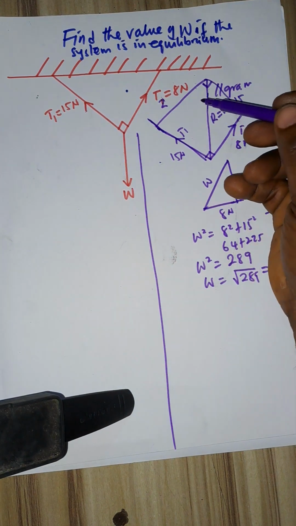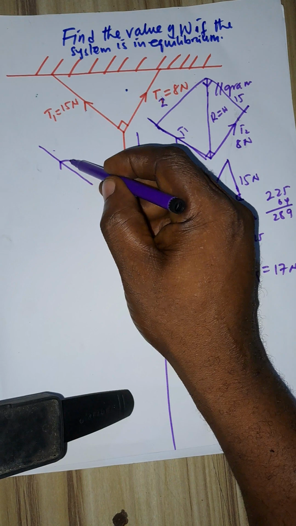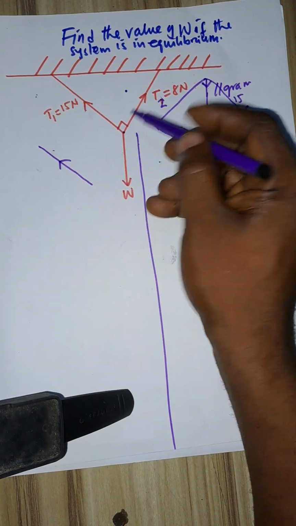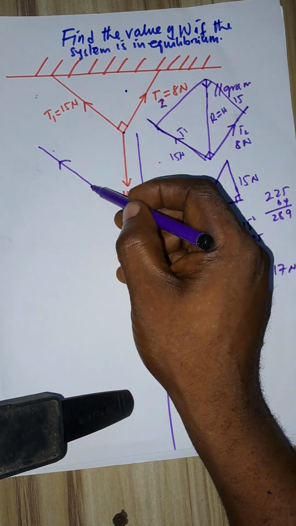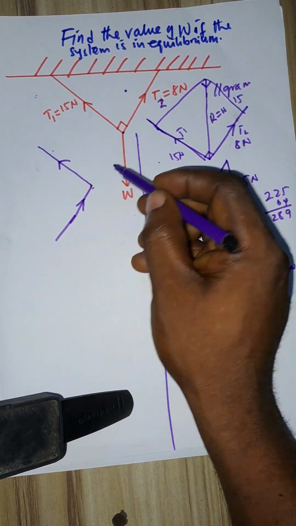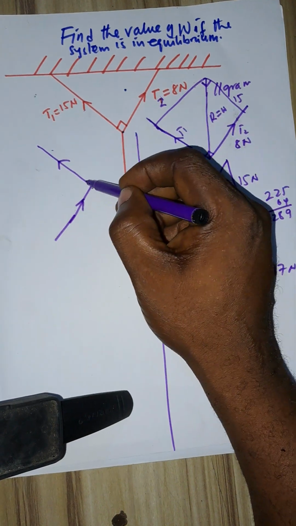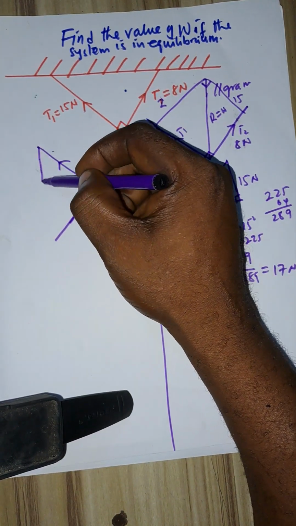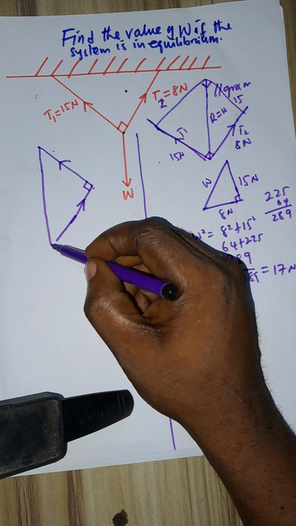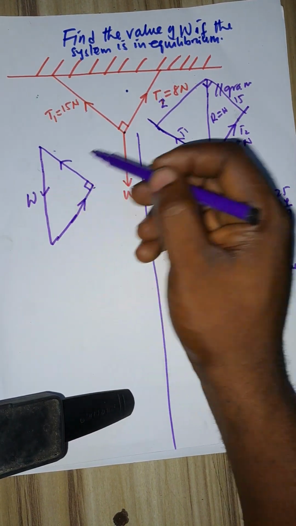This is the head of this one; join it to the tail of this, and the angle between them is 90. So the third side of the triangle is the resultant, which is W. This is the triangle law of forces.